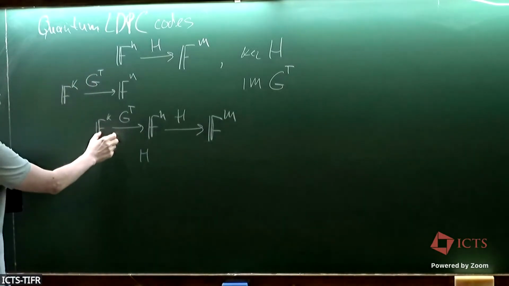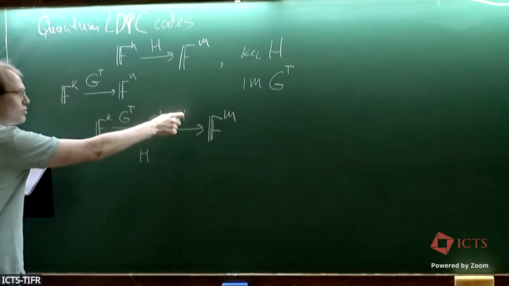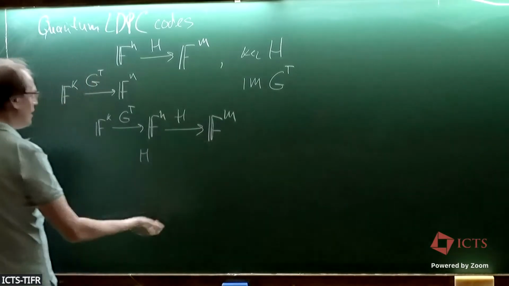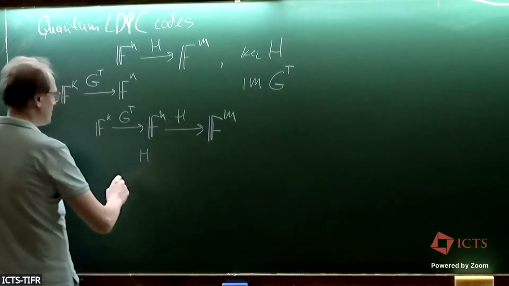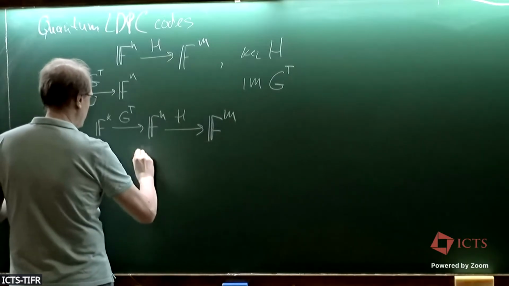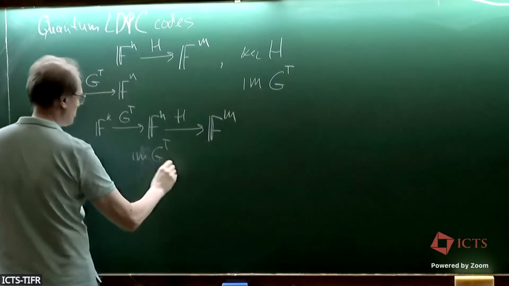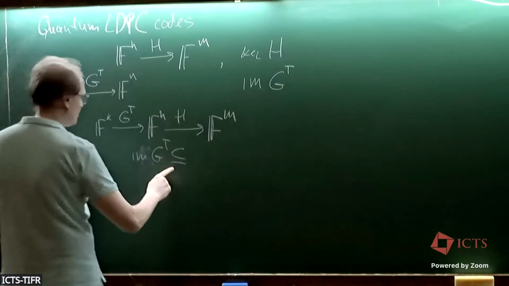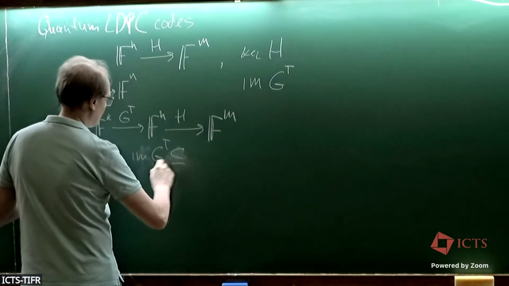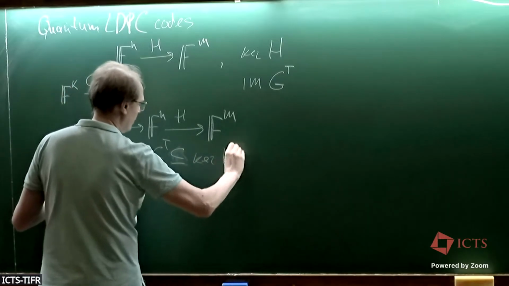Since every element generated from this is a code word, it should satisfy the parity check matrix. Which means that the image of G transposed is a subset, in fact it's equal, yes, but I'll write it this way, of the kernel of H.